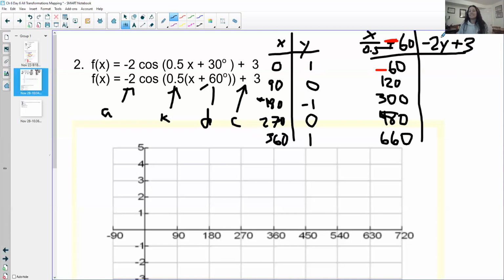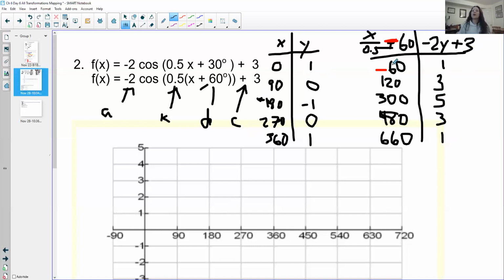So 1 times -2 plus 3, you should get 1. 0 times -2 plus 3 is 3. -1 times -2 plus 3 is 5. And then 3 and 1 again.